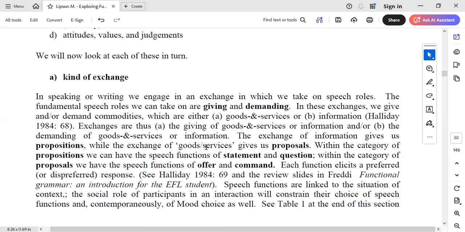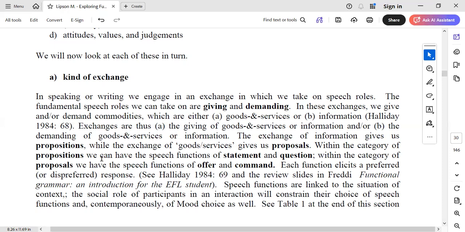Here you need to understand what goods and services are and what information is, and we really need to differentiate between these two things. So keep that in mind. Stay focused on this. The exchange of information gives us propositions, while the exchange of goods and services gives us proposals.